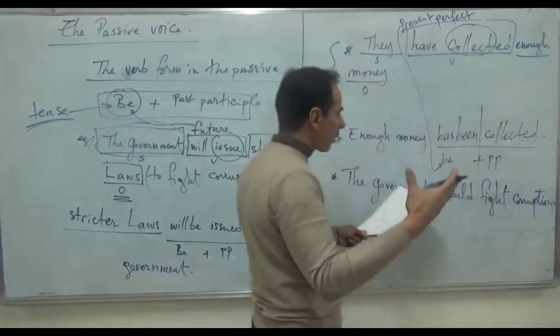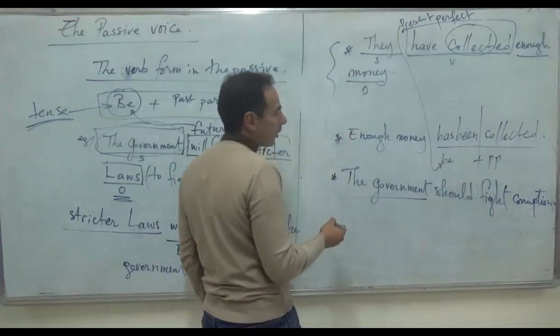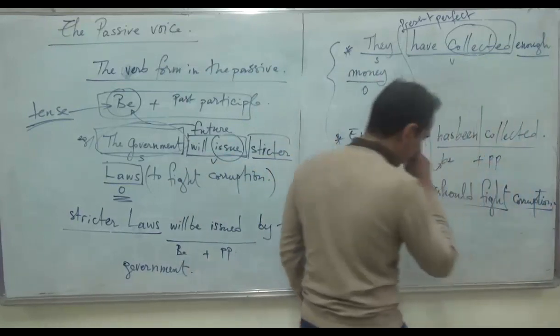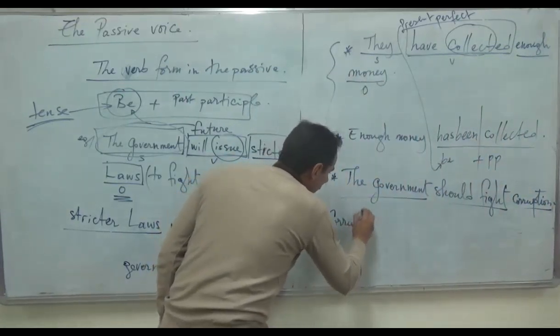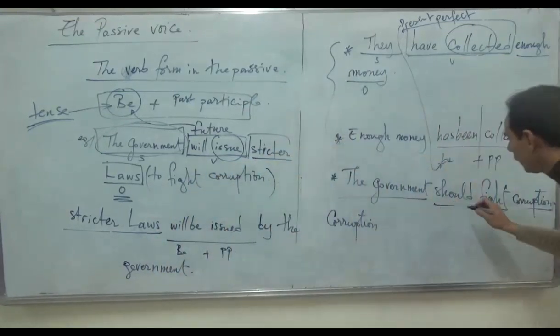Nepotism, embezzlement, as you want. Should fight, not important: the government is the subject, should fight is the verb, and corruption is the object. So, corruption. Here we have should.